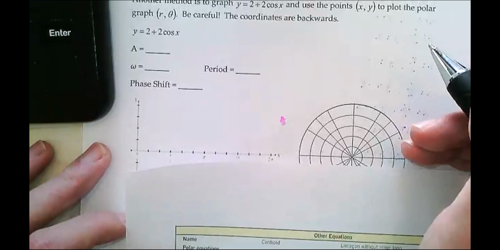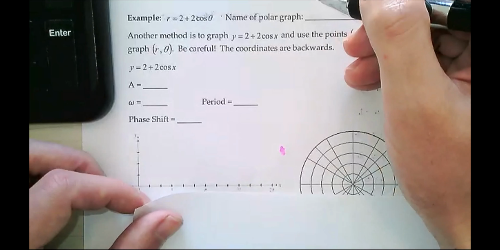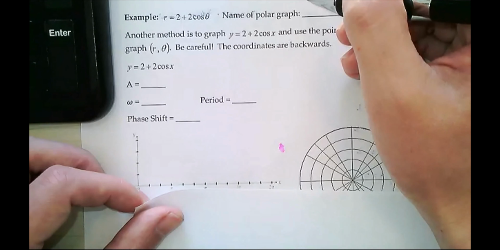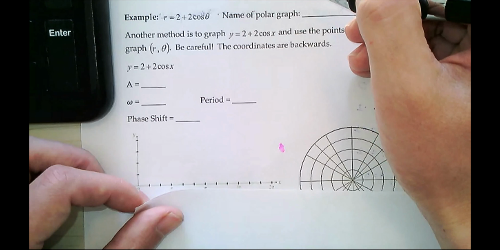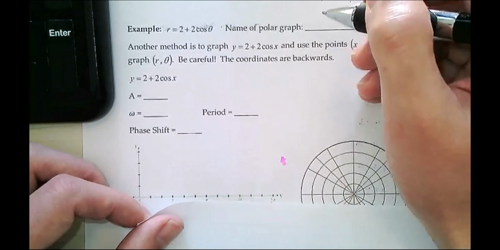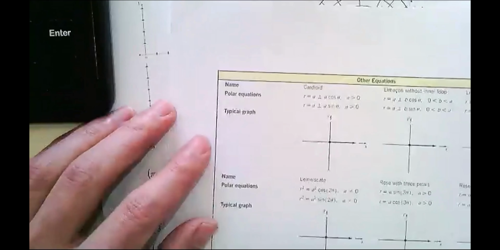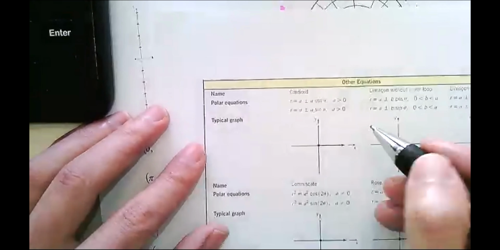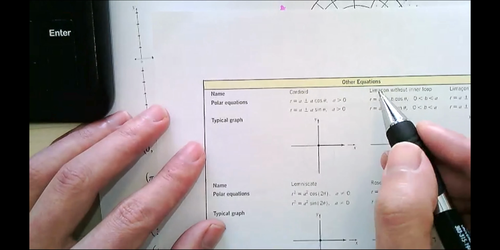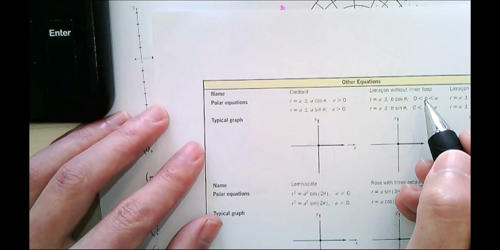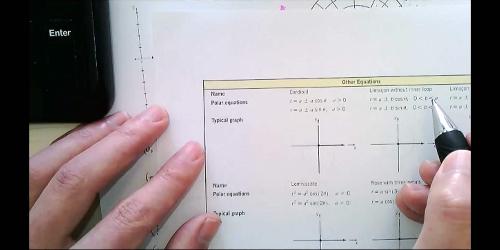Okay, so you just write it down. It is there. Oh, actually I made a mistake. So this is not a limaçon with inner loop because this requires b smaller than a.